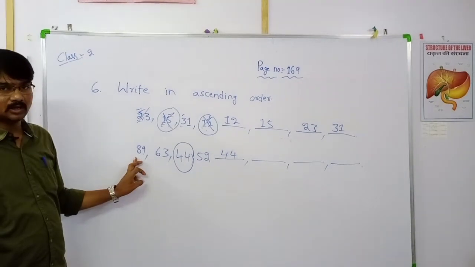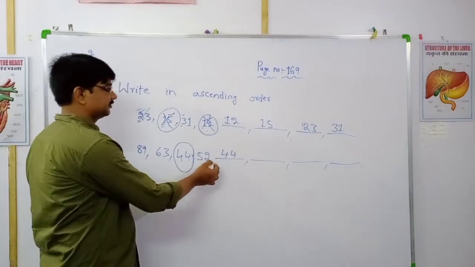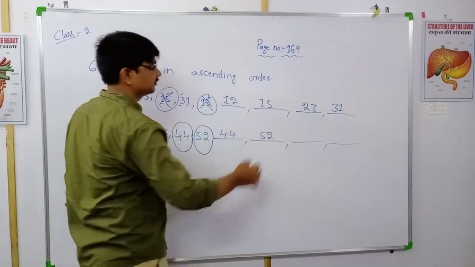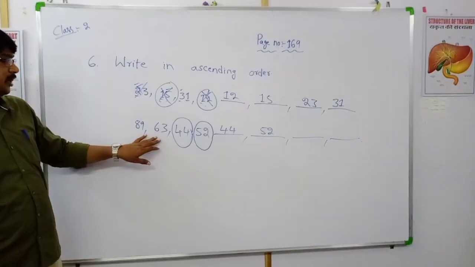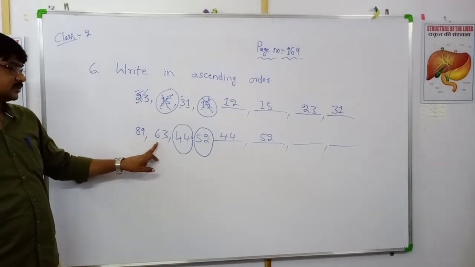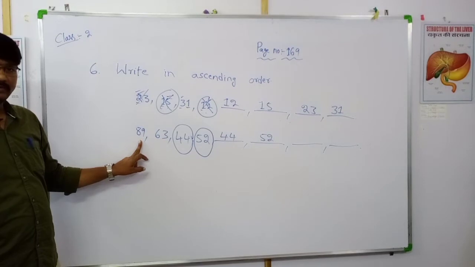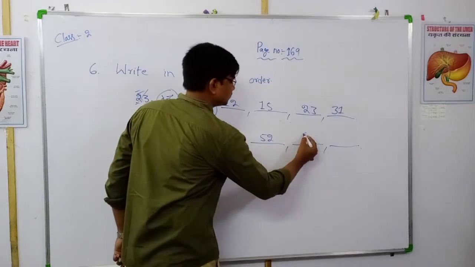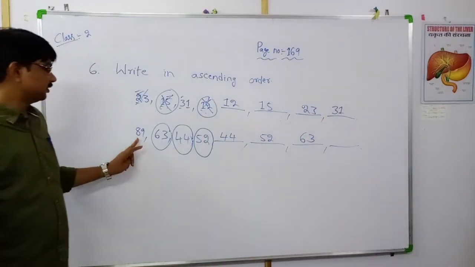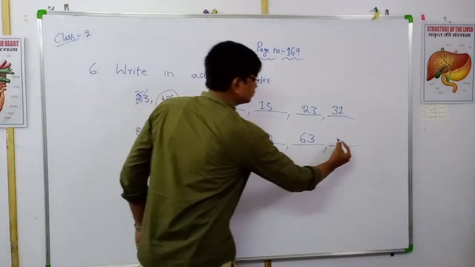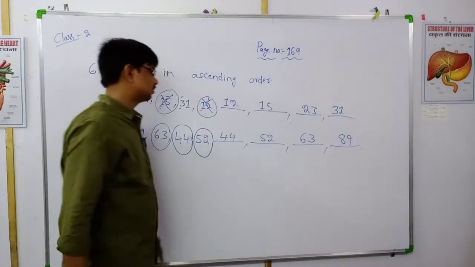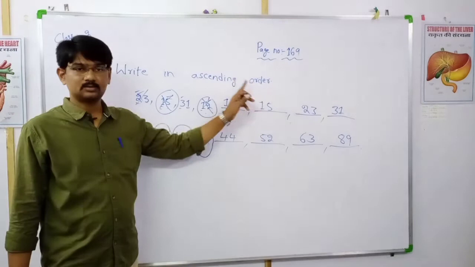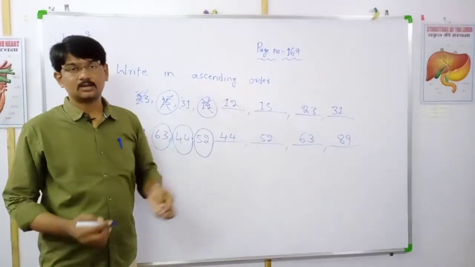Which is the next smallest number? 52. Remaining 2 numbers here, 63, 89. Which is the smallest? 63. Finally 89 comes here. So this is the process to write numbers in ascending order.